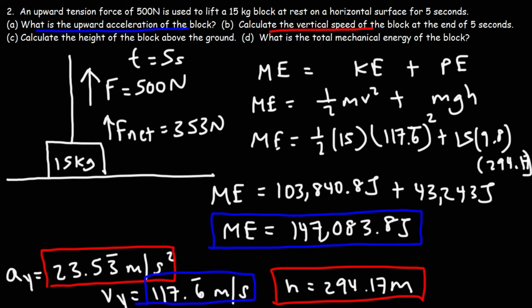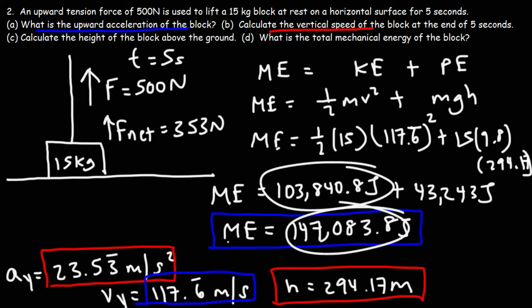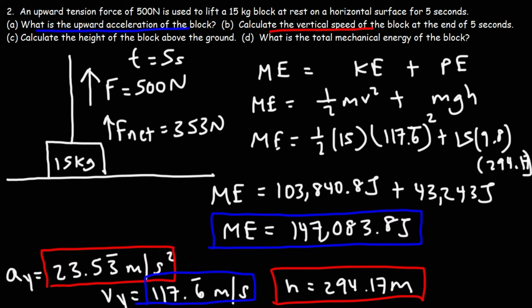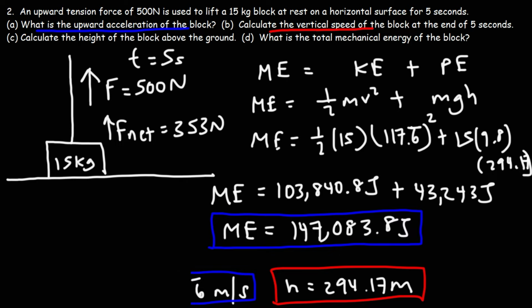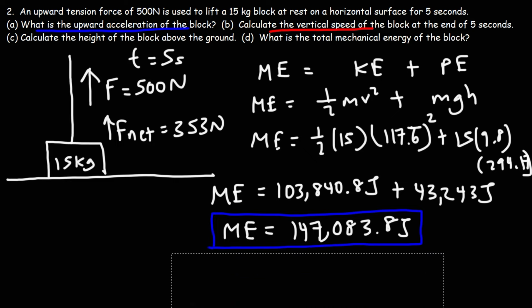Now, notice what we can do in terms of how we can get these two numbers. We can calculate the work done by the net force using this equation. The net work done on the object is going to be the net force times the displacement.